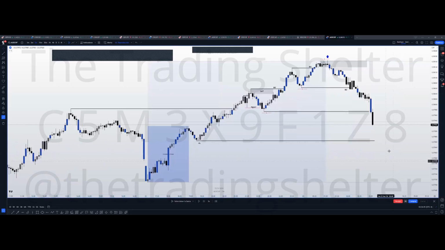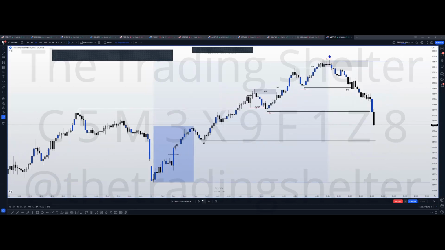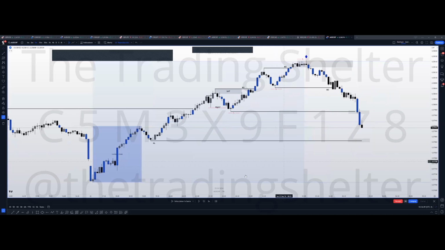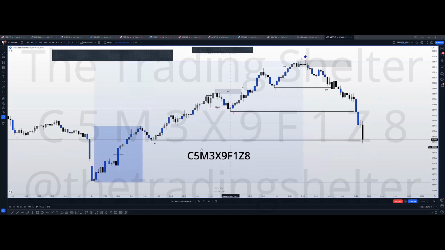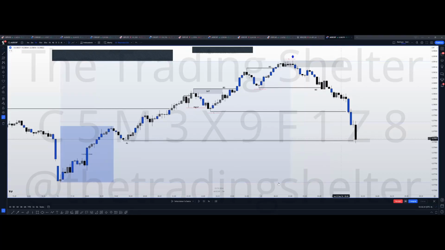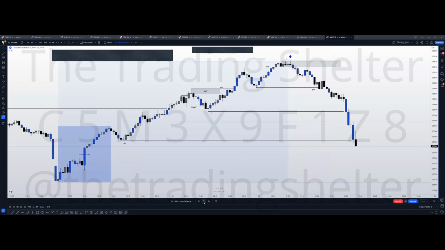So let's see if price even reaches this point. I'm gonna move forward with it. All right, so considering the speed, we may presume that this was officially the Asia low taken. And let's see if there is any type of reaction or what price actually performed there.